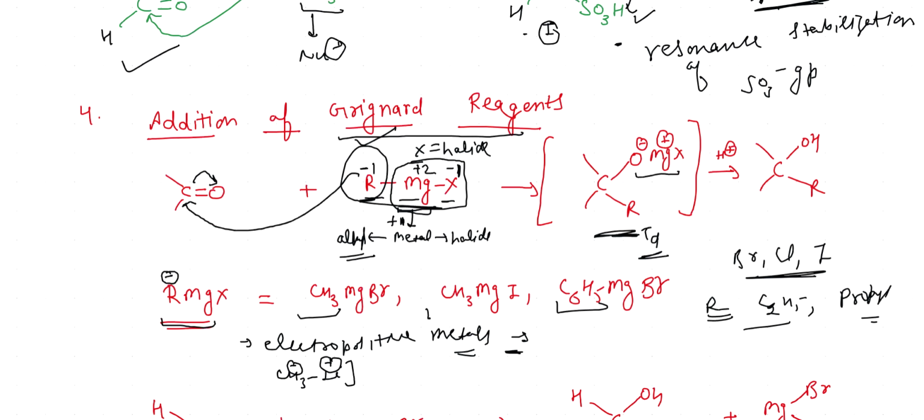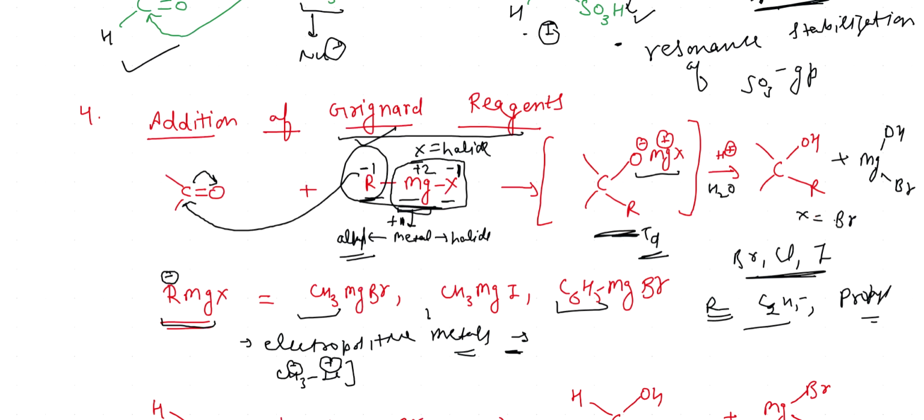Then in the second step, this intermediate is hydrolyzed and this O negative gets protonated, plus with the formation of a byproduct, MgOH Br, if the X we have taken is Br.